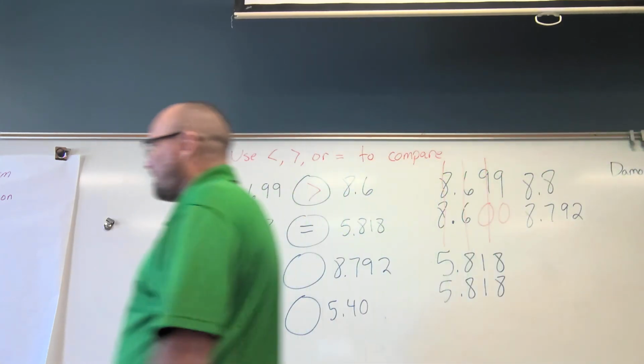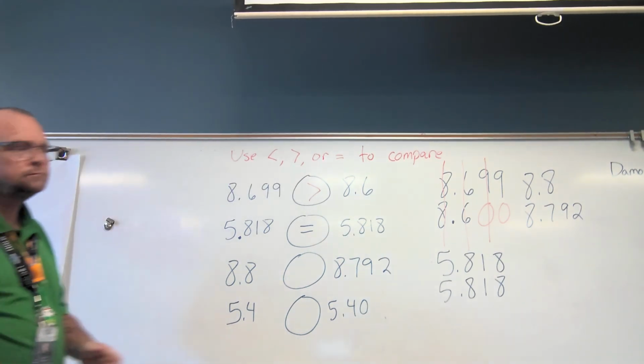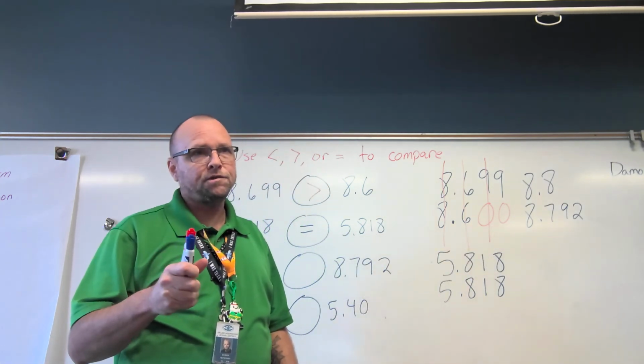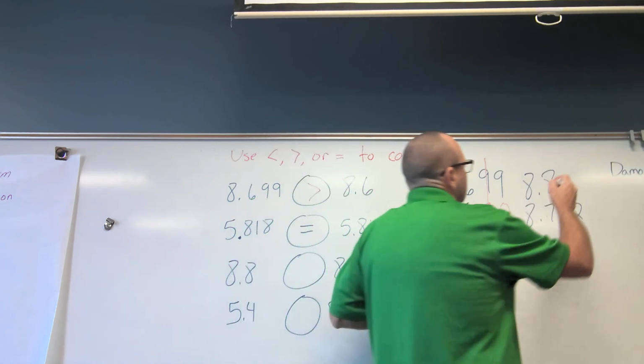Brantley, what would be my next step? Would it be to compare the 8s? First, I'm going to add my placeholder zeros because I want to make sure I don't make a silly mistake. But then you're right.